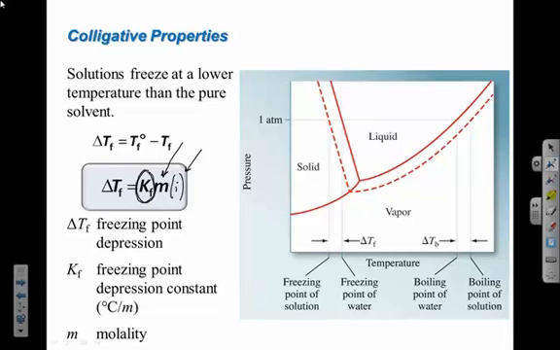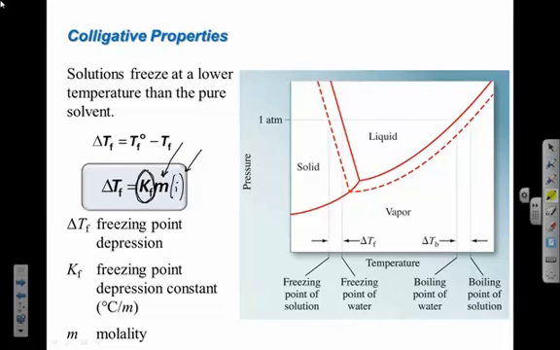So as we said before, if I add a solute to my solution, instead of having a pure liquid, when I mix the solute in, the particles will break up and mix around with the liquid. That makes it harder for the liquid molecules to organize into a solid. So I have to cool it down even more than normal to get them moving slowly enough to actually come together and form that organized structure.